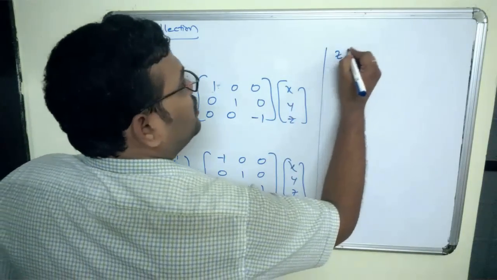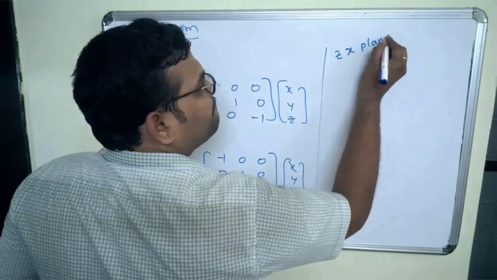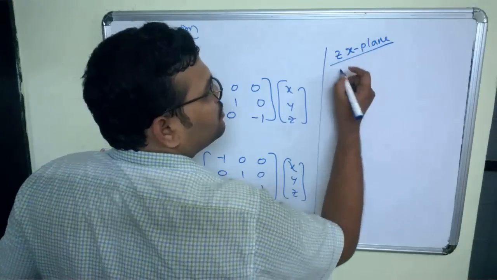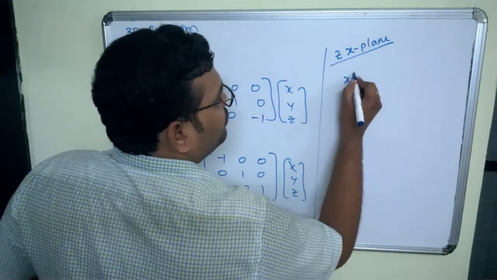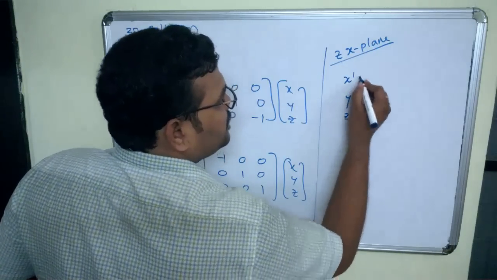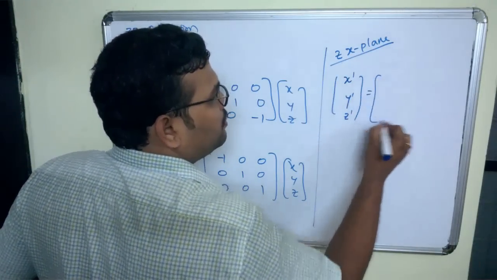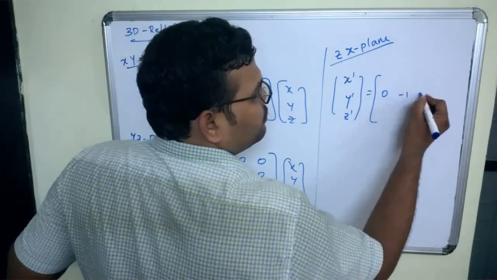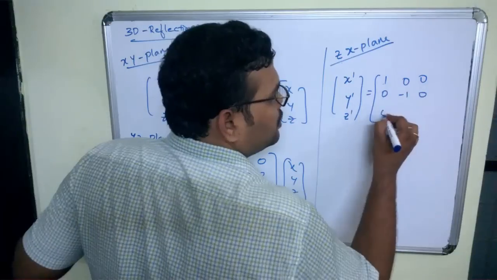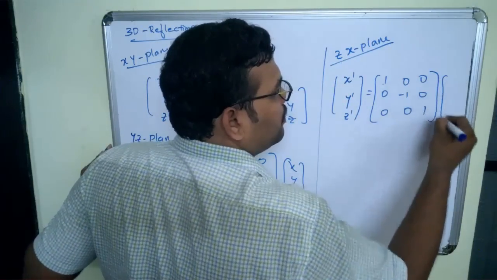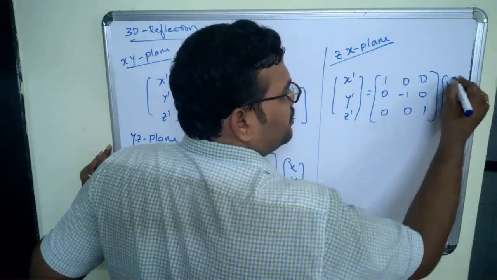Similarly zx plane, so z and x, so y will be negative, so x dash, y dash, z dash is equal to 1 0 0, 0 minus 1 0, 0 0 1, into x y z.